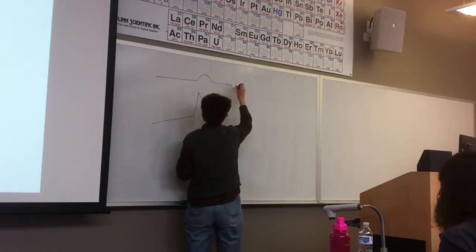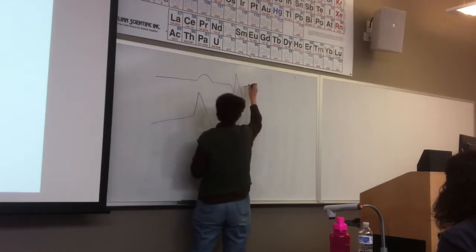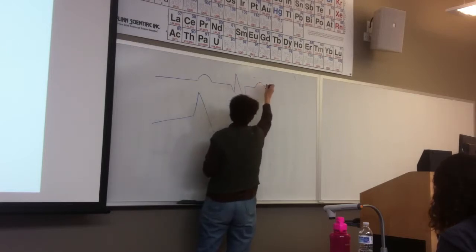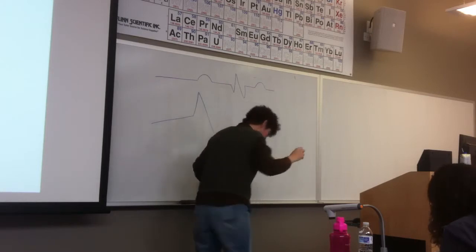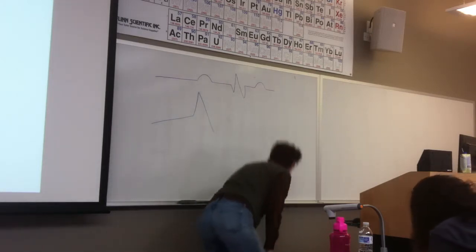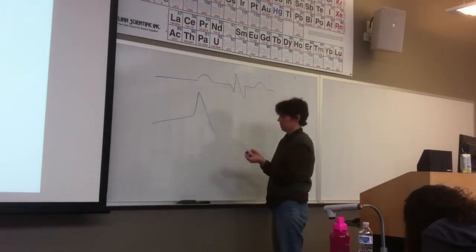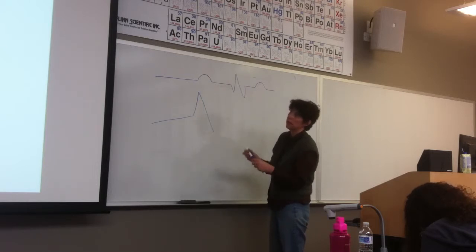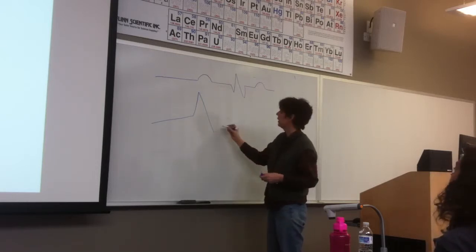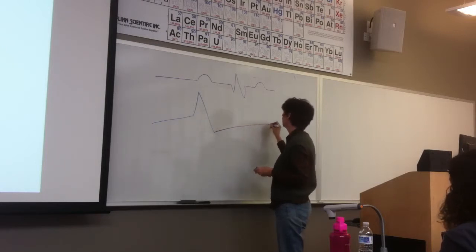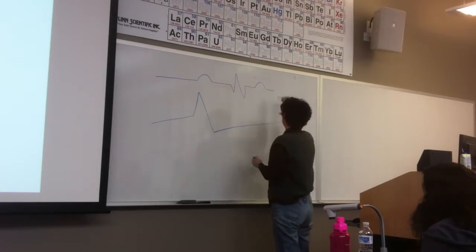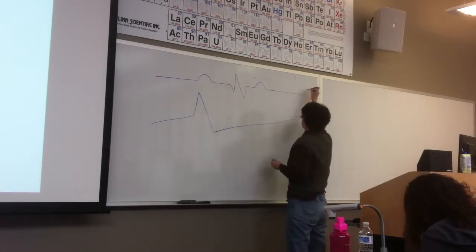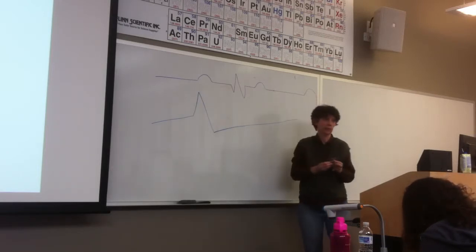And the QRS depolarizes, and then the ventricles repolarize. Okay? So at the time that we have repolarization of the ventricles, here, what are the funny channels doing? Are they open? Yes. Because they're depolarizing until the next P wave is reached.